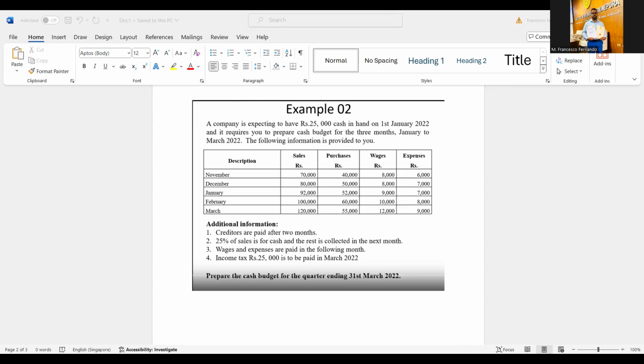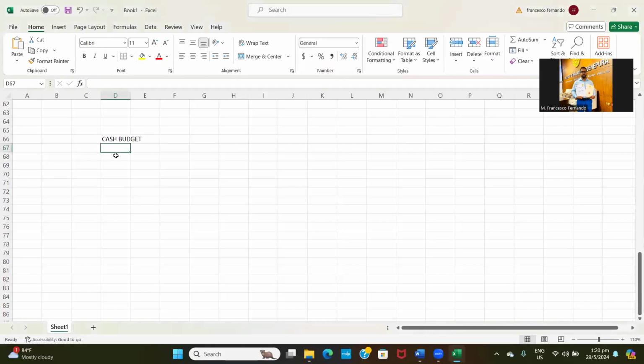So in order to prepare a cash budget, what is happening first of all? You need to take the cash receipts, and from that you have to deduct the cash payments, so that you can get the net cash inflow or outflow.